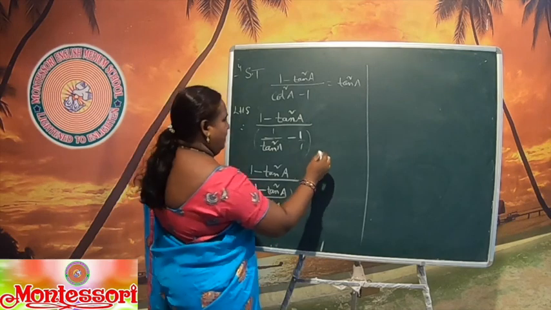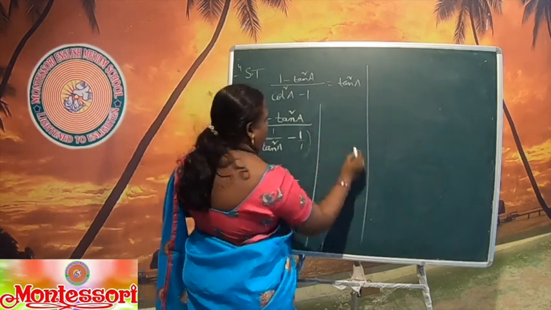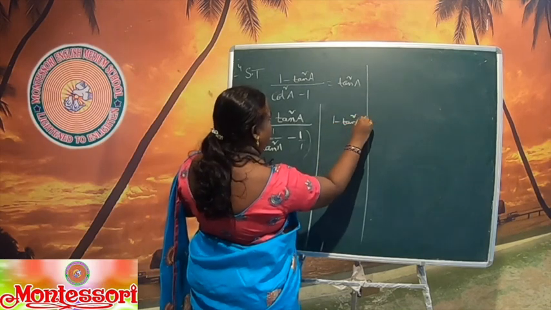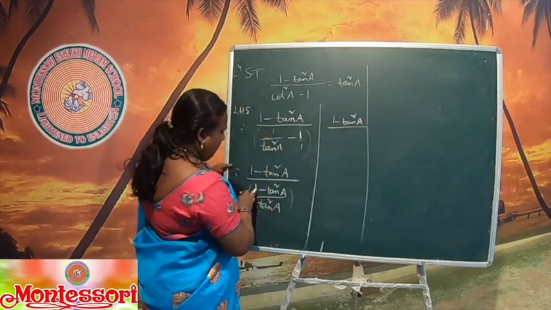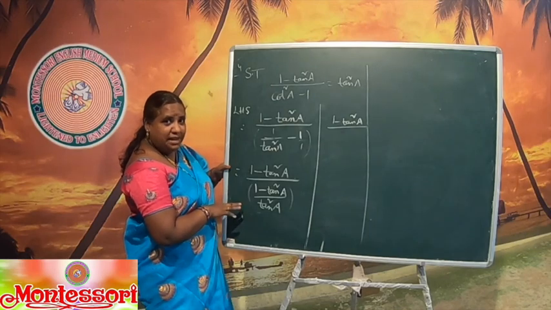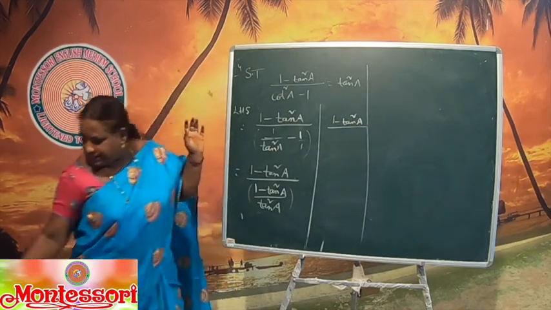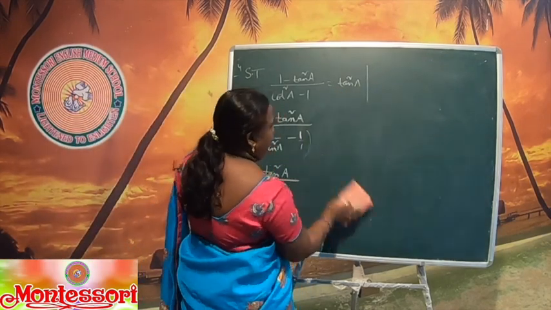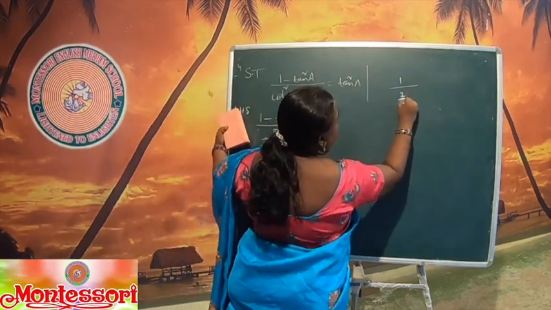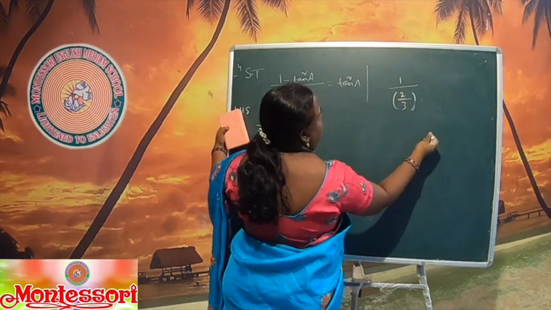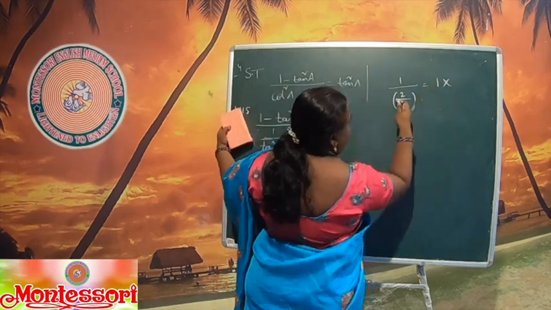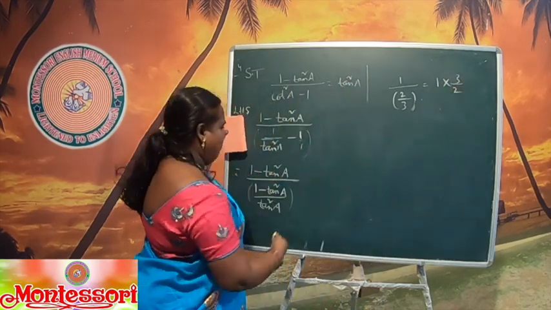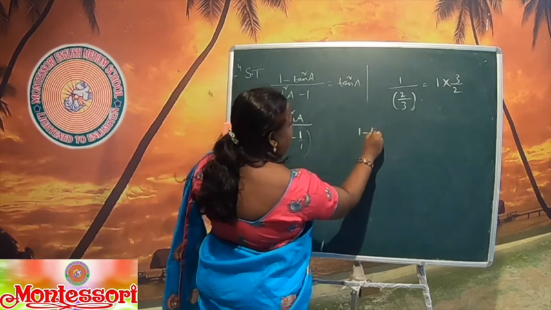Now what I am going to do here is, 1 minus tan square A by, see, this we have to reverse, isn't it? For example, if you see a normal fraction, 1 by 2 by 3, then we can write it as numerator as it is, and the second fraction gets reversed, that is 3 by 2. In the same way here also, 1 minus tan square as it is.